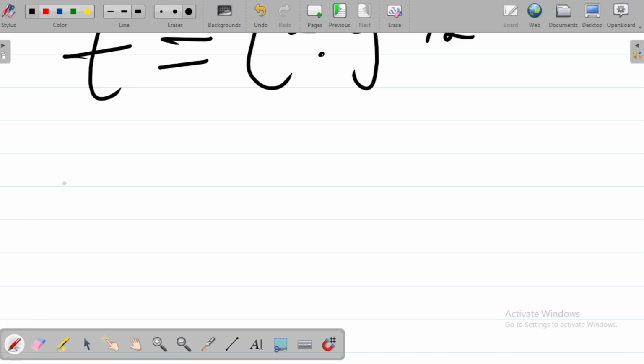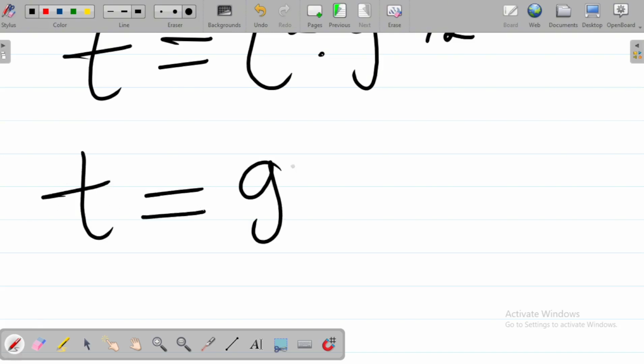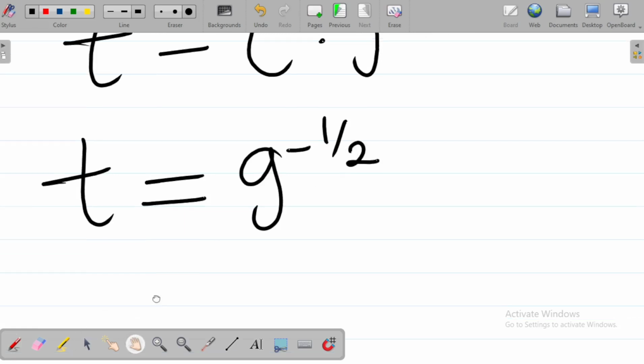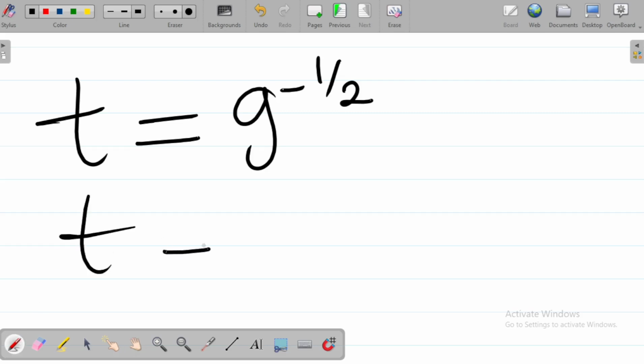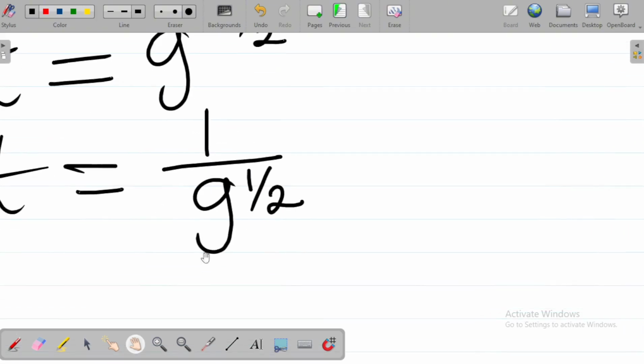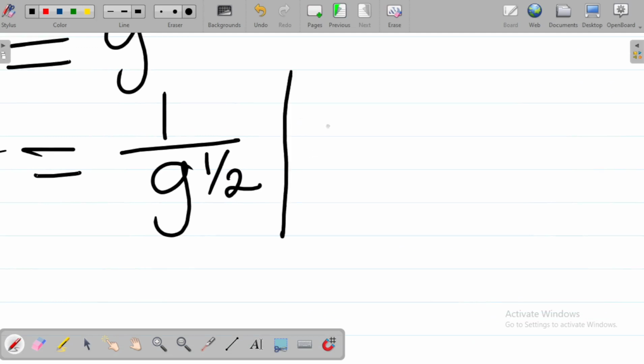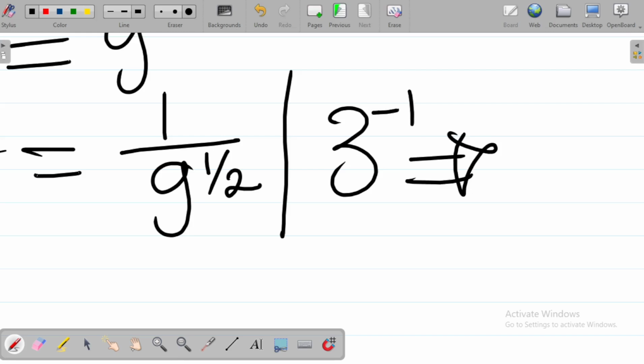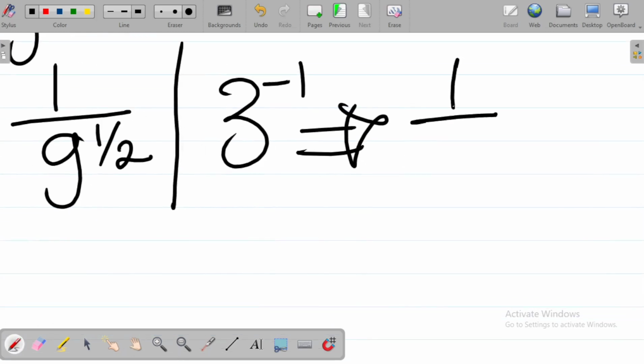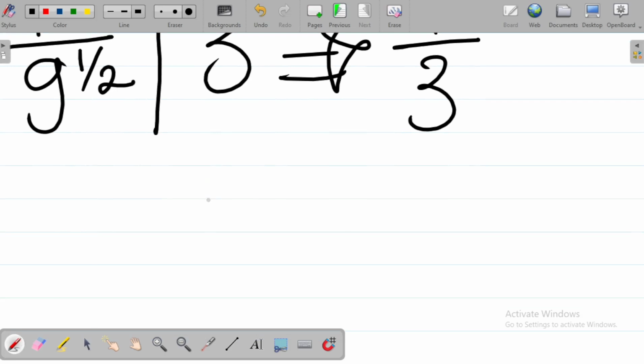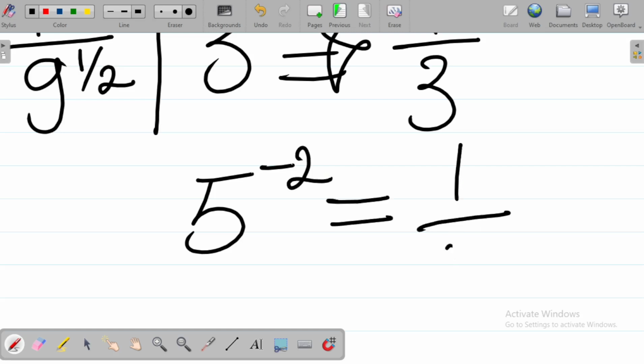Now take note of this. G raised to power negative 1 over 2 means 1 all over G raised to power 1 over 2. Let's take another example. If we have 3 raised to power negative 1, it is the same thing as 1 all over 3. Or if we have 5 raised to power negative 2, it is equal to 1 all over 5 raised to power 2.